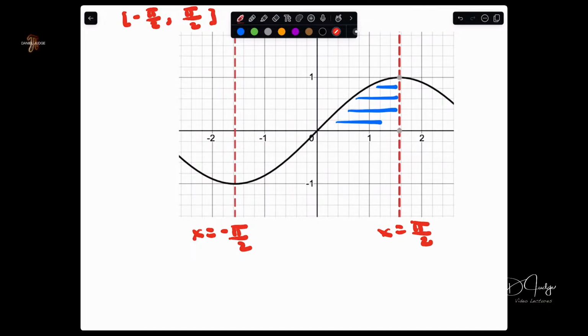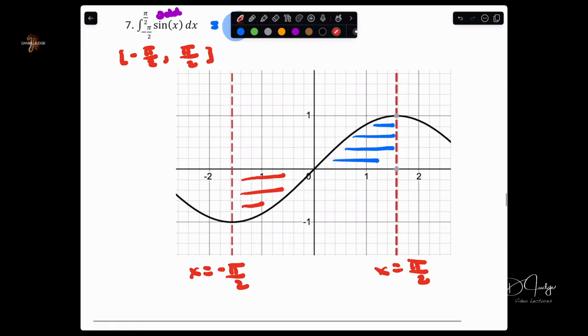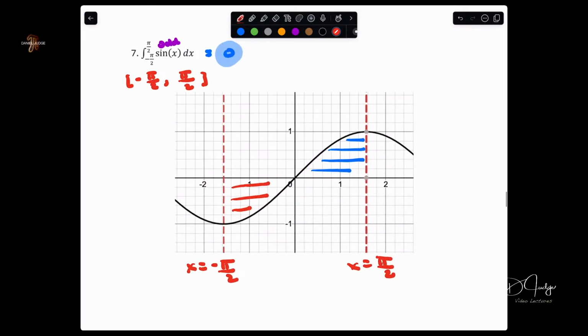And in red, we have the area below the x-axis. Positive area here, negative area over here. Essentially, we just use the fact that if we integrate over a symmetric interval, any odd function, that area is 0.